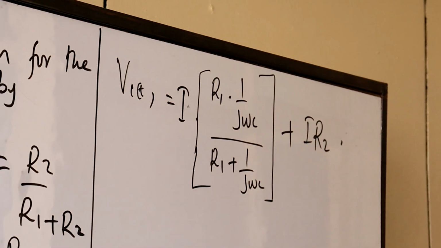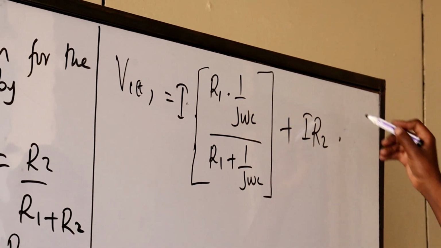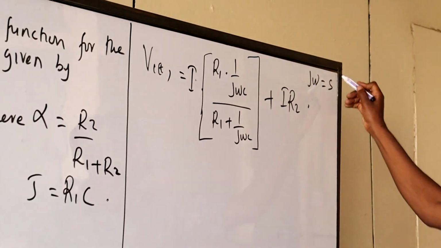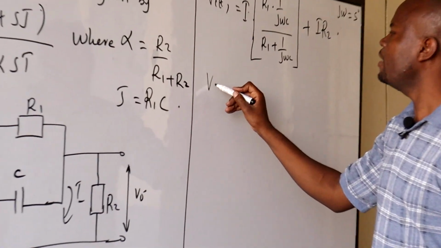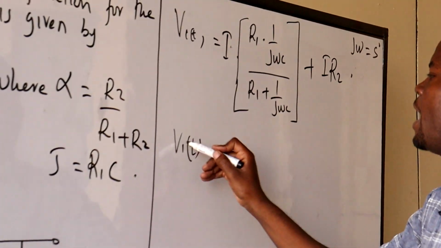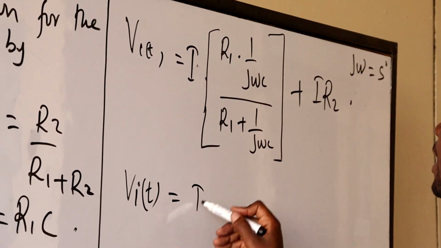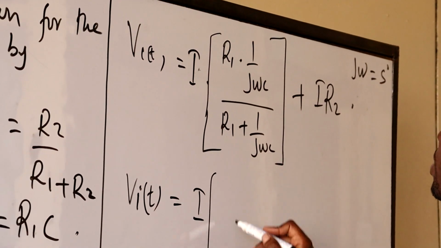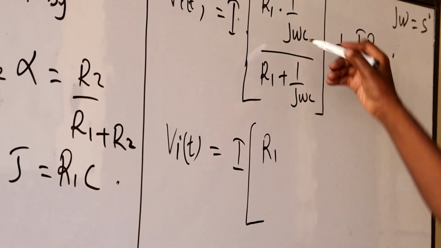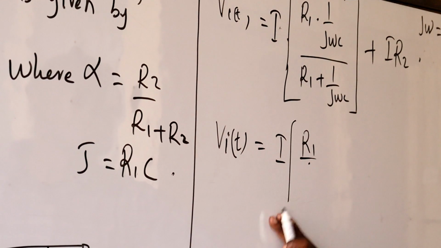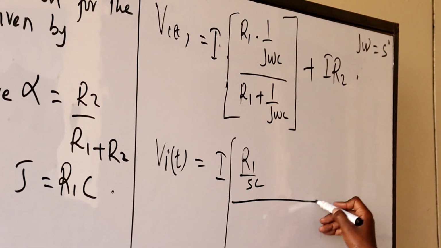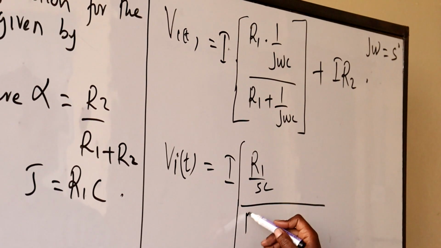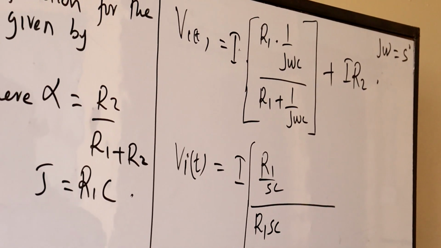So we know that in transfer function, j omega can always be replaced by s, and that is to say that Vi of t can be given as I into R1 over SC, all over R1 plus 1 over SC.